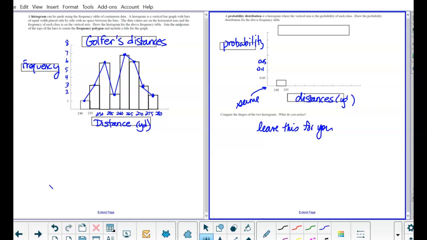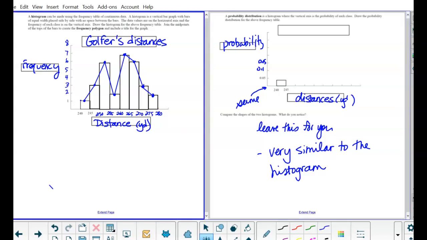It's going to look very similar to the histogram. Okay? Only thing that would be different is, the ratio of the graphs are going to be the same. If you think about what the probability of 1/30th is, so on your calculator, so probability is 1/30th.